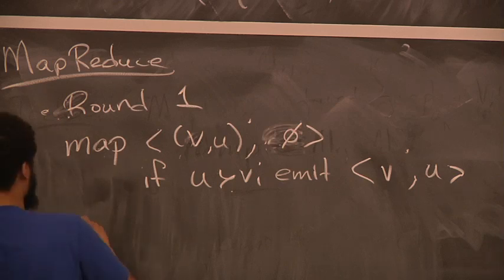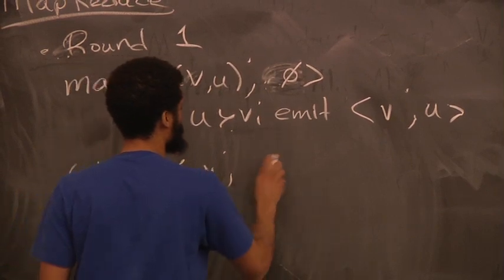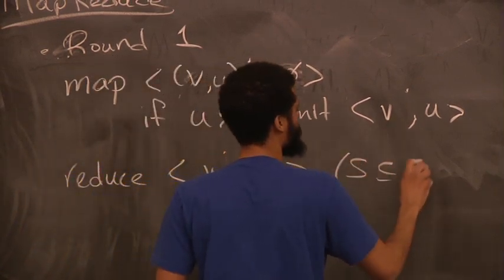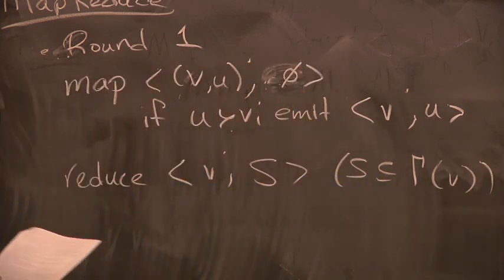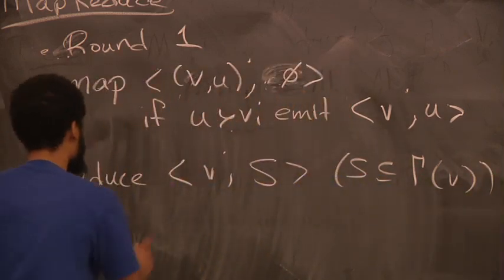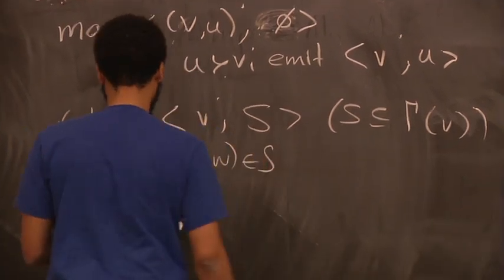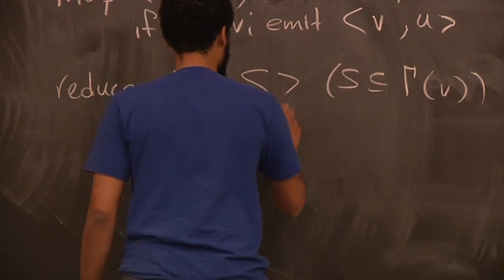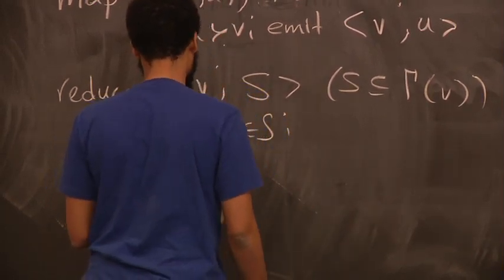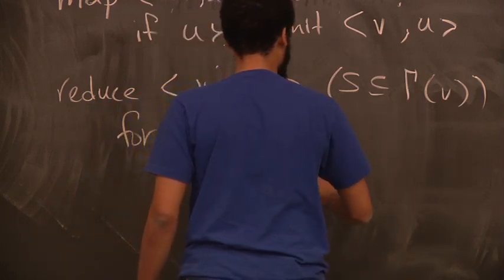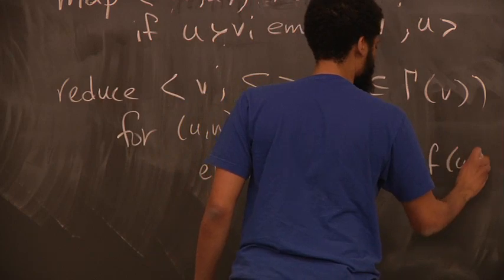And then my reduce gets as input v together with some set S, where S is a subset of the neighborhood. It's the people in the neighborhood who are bigger in the partial order. And then what it says is for uw in S, emit v uw if uw is an edge.